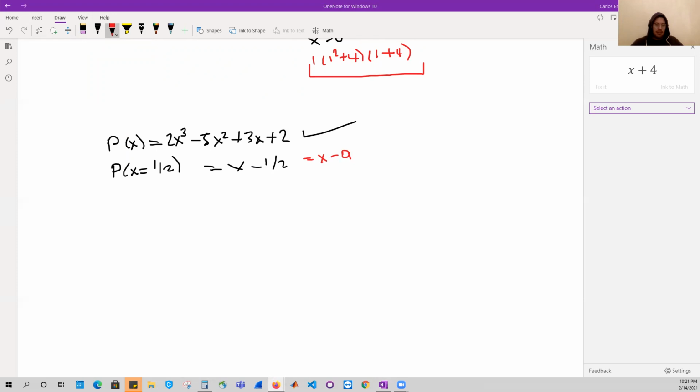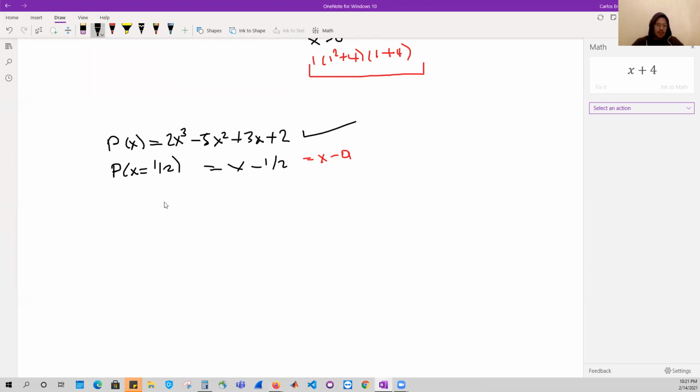The theorem says that if we divide the original polynomial by x minus a, the remainder is going to be equal to p of a. Okay, so let's go ahead and do that. Synthetic division.